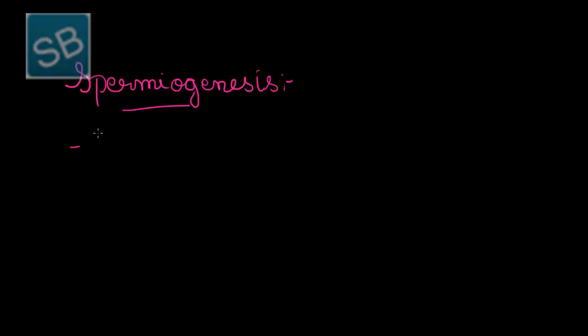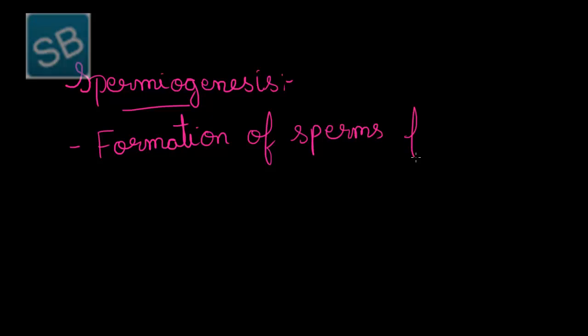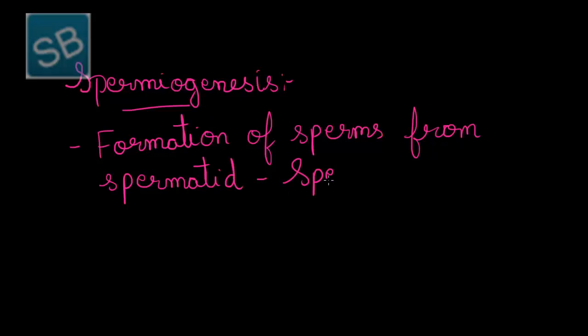Thus, the formation of sperms from the spermatid can be said as spermiogenesis. And it's very obvious that the process is known as spermiogenesis.